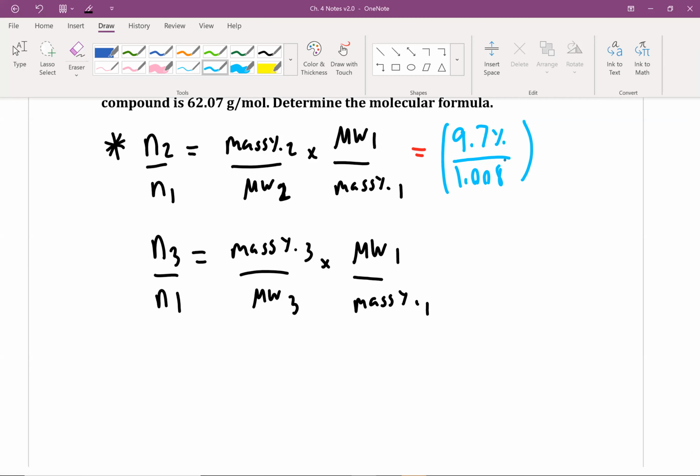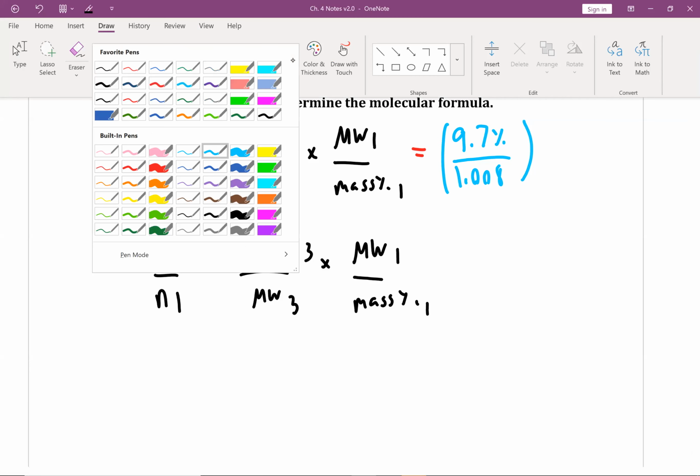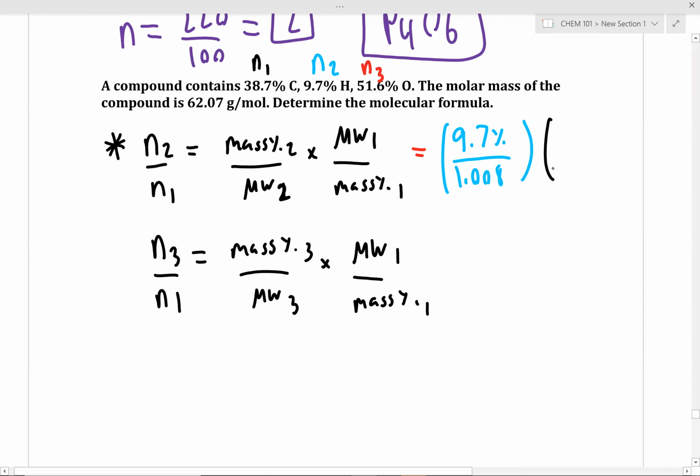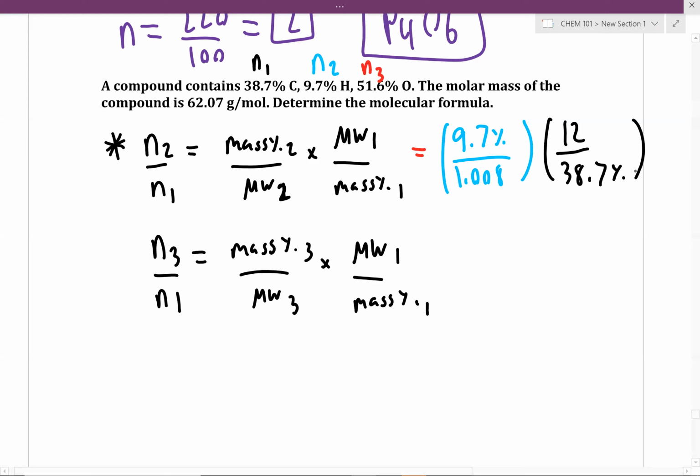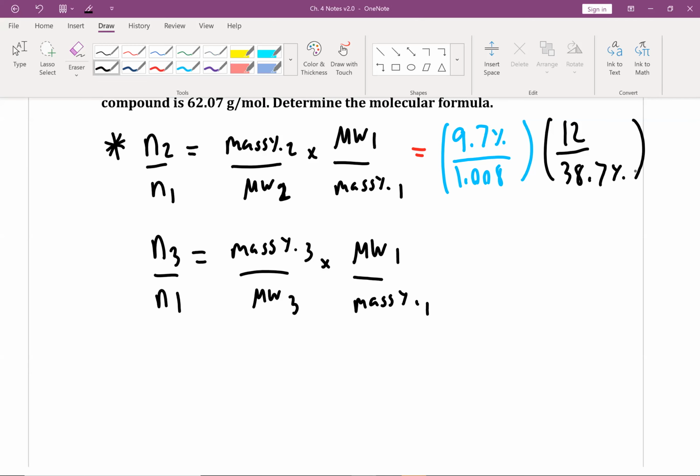We're then going to multiply by the molar mass of element 1. What is element 1 and what is its molar mass? Carbon, and what's its molar mass? 12. Okay. And then we're going to divide by the mass percentage of carbon. Okay? We're just going to plug in the numbers for now.